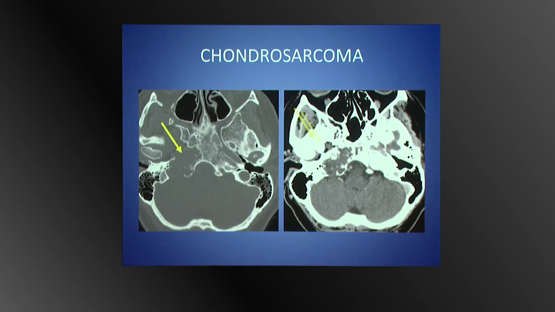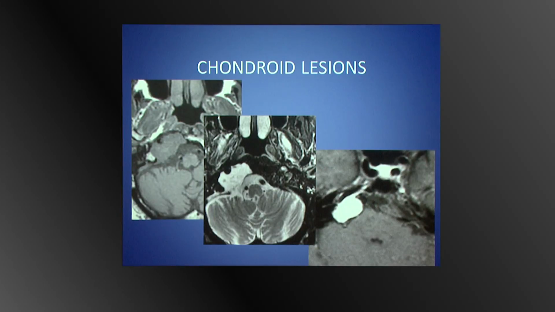So expansile destructive, once again, quite a reasonable marker transition zone between the lesion and the apex. They tend to have all sorts of bony patterns, but very rarely are sclerotic. The sclerosis is actually in the popcorn calcification in the middle.